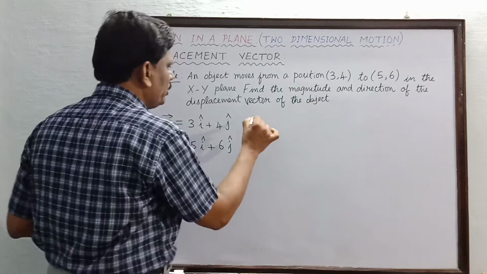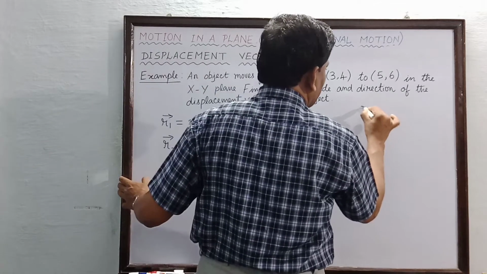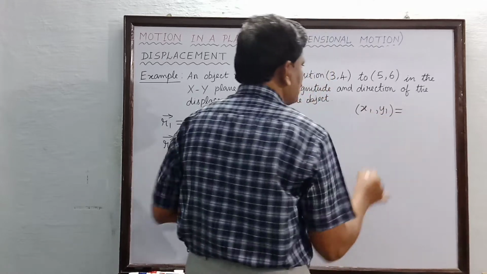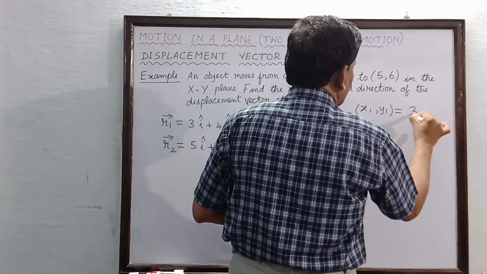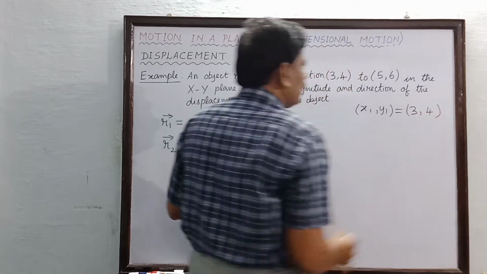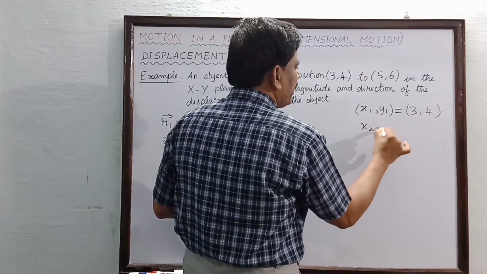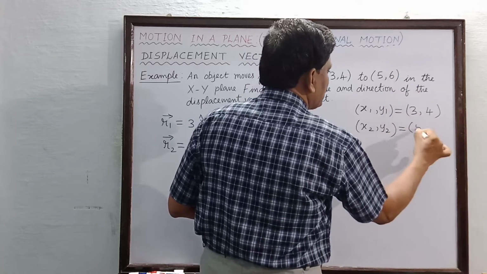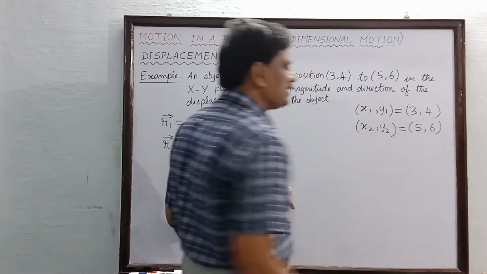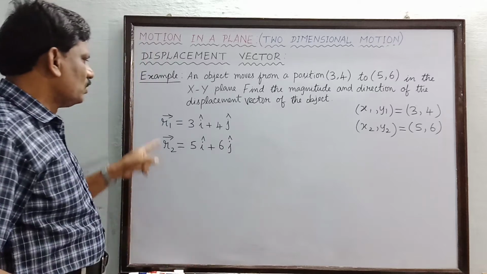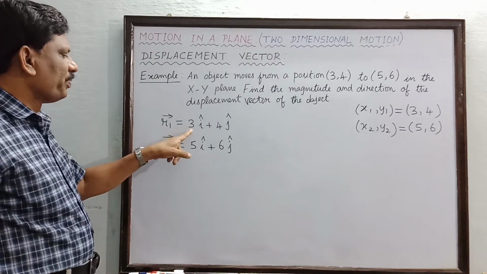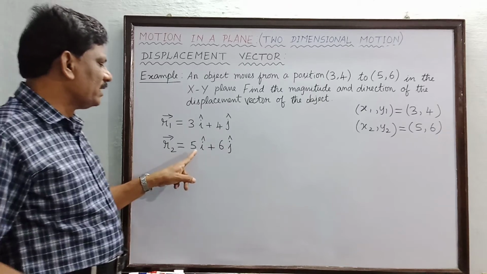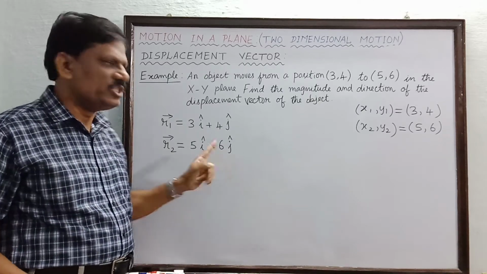If you want, you can write x1, y1 equal to 3, 4. Similarly, x2, y2 is equal to 5, 6. These are the x and y coordinates. So r1 vector is equal to 3i plus 4j, and r2 vector is equal to 5i plus 6j.